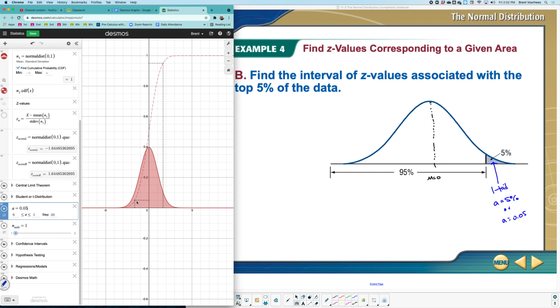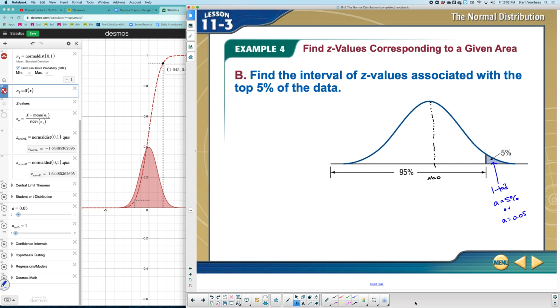This is giving the values if you want the far left or the far right, where I'm getting 1.645 is z. This z value right here would equal 1.645. Now let's come over here to the z-score and you look at it.